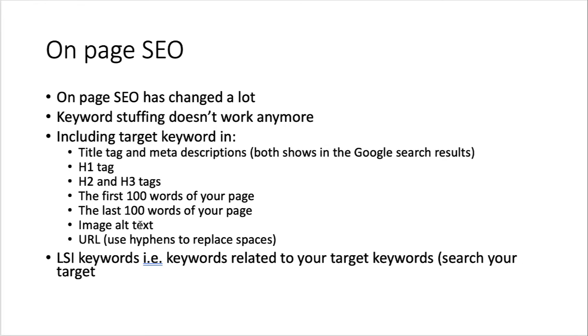There's also research showing that using LSI keywords is useful. Those are the keywords related to your target keywords. You can search your target keywords on a search engine like Google, and at the end of the page, it will show you who searched that keyword has also searched some other keywords, and those can be your LSI keywords.